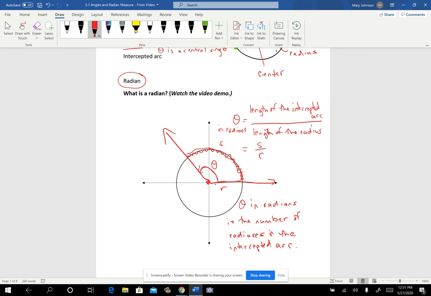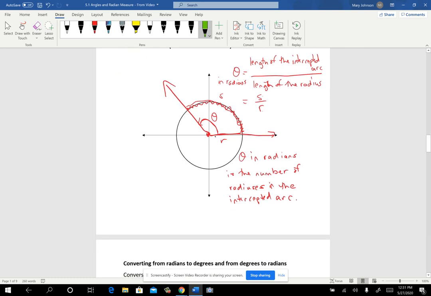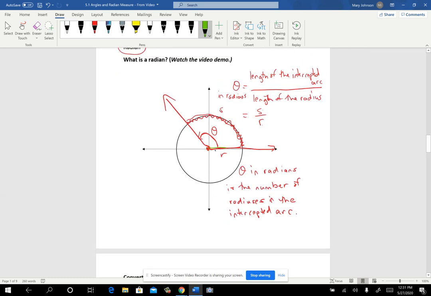Okay, so one more comment I want to make on this, and then I'll stop the video, is that if we take the initial side and we take this radius and we bend that radius, we take the pipe cleaner like you saw in the video, and we go to the point, make the intercepted arc the same length as the radius.